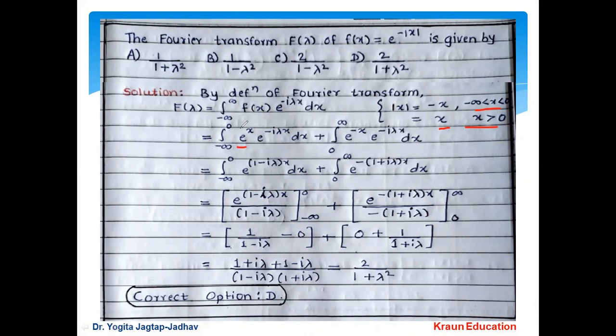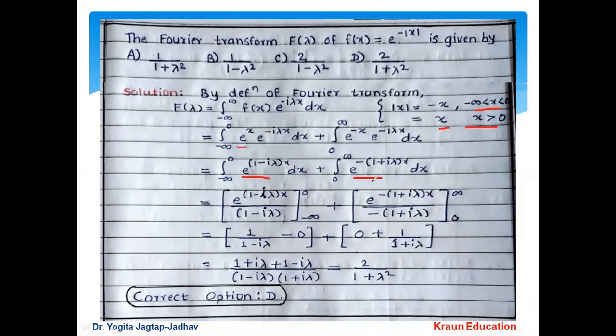Now, as the base is the same, we can take the addition of the powers, and by taking x common, we have this kind of arrangement in both of the integrations. Now, integration of e raised to 1 minus I lambda x into x is what? e raised to 1 minus I lambda x upon 1 minus I lambda with the limits from minus infinity to 0.